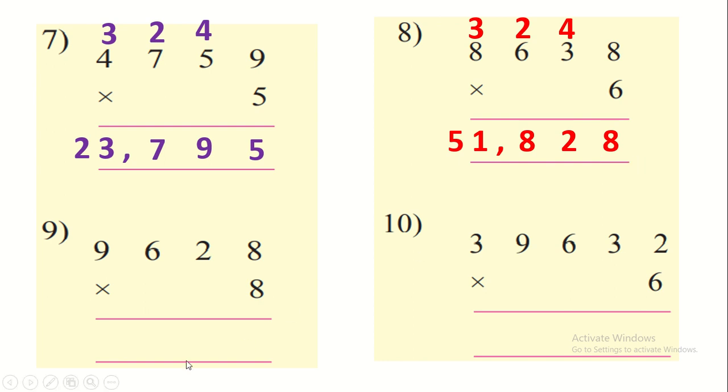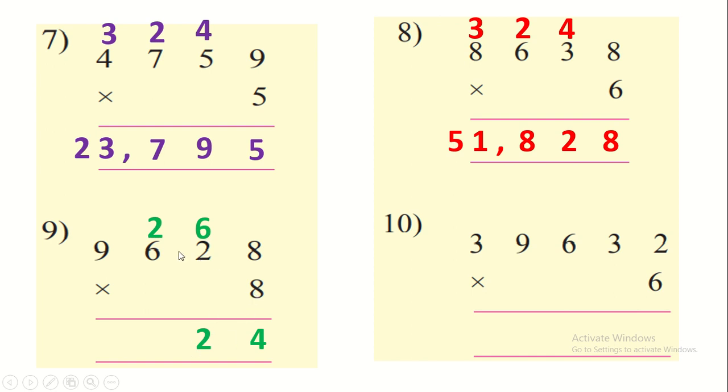Next is number 9. 9,628 times 8. 8 times 8 is 64. Write 4, carry 6. 8 times 2 is 16, plus 6 is 22.